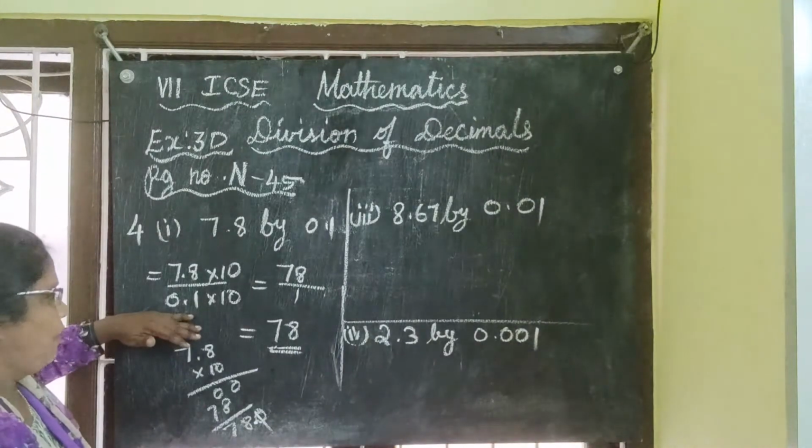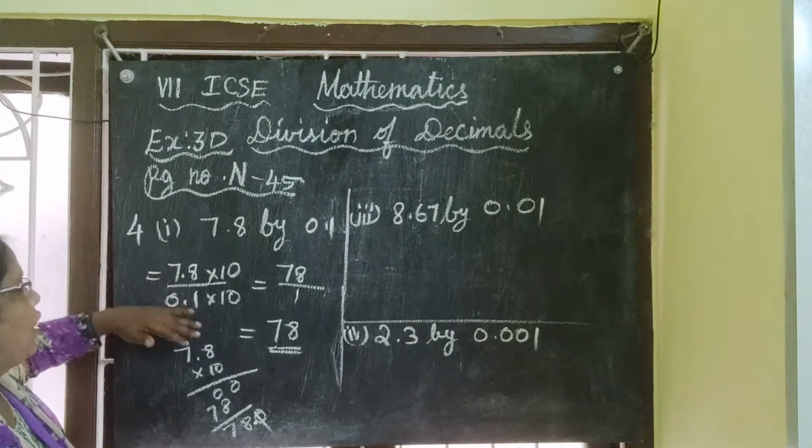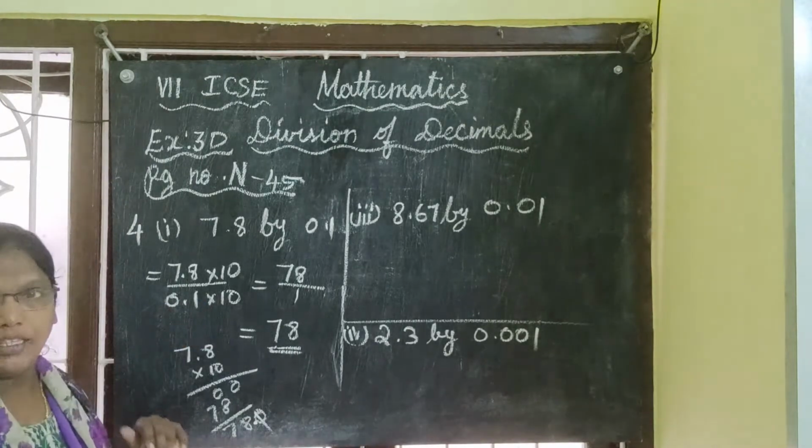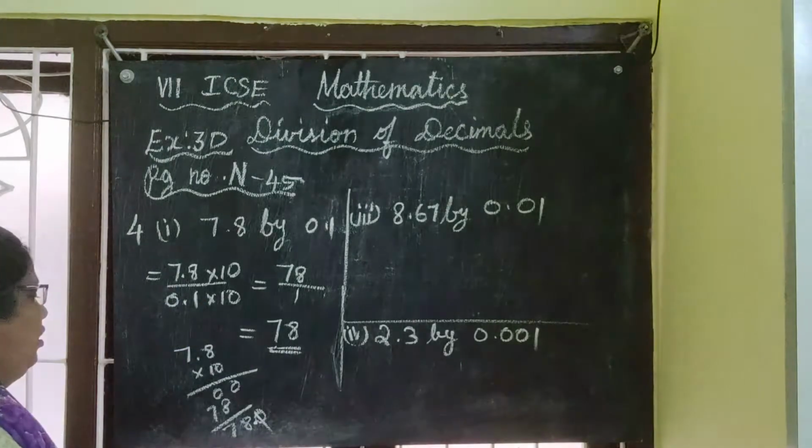We must see the denominator and multiply by as many zeros as the decimal digits given. Like that we must compare and divide.